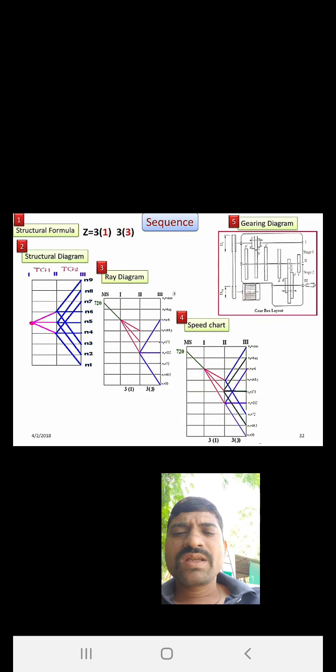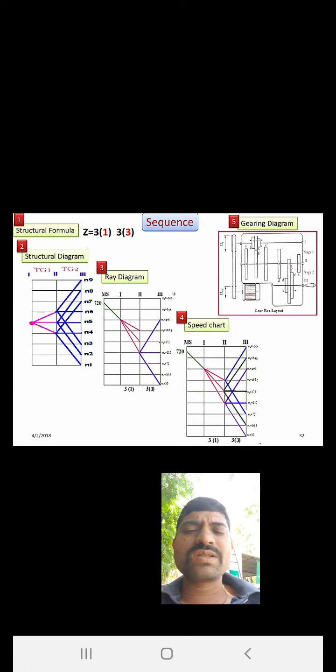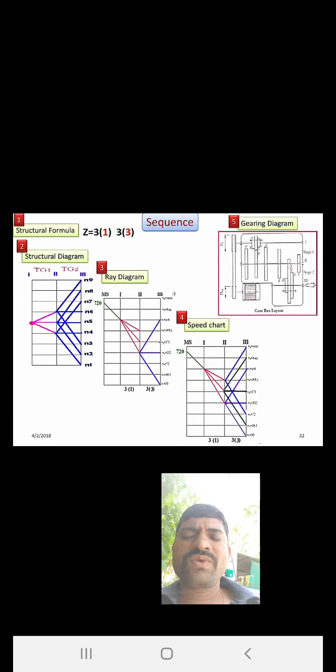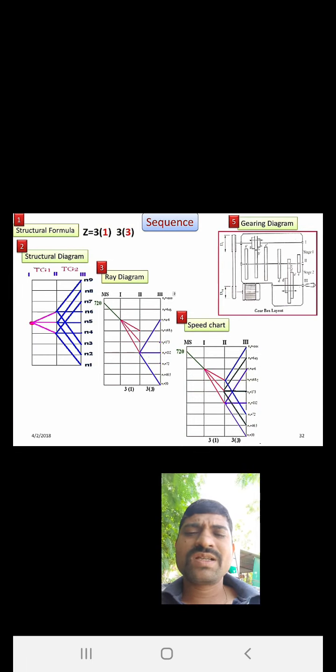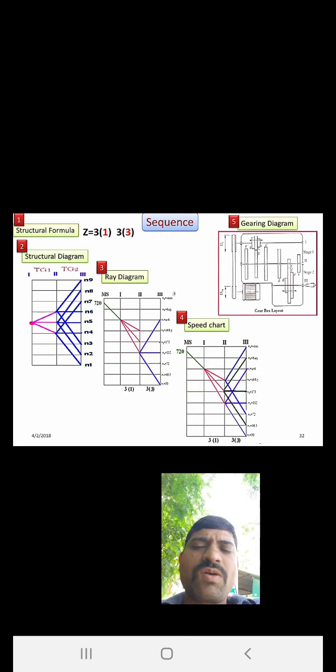I have joined this to n9, and the second point I have joined to n3. In between that you will get the gap. Check that from the center line, n6 to n3 the gap is 3, and above, n6 to n9 again the gap is 3. Means we have maintained the gap of 3 above and below the center line.